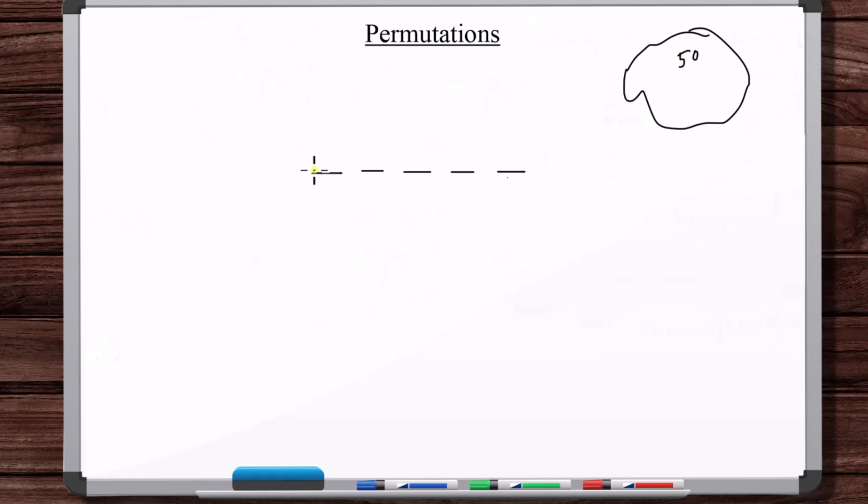I pick a player, they go here, so Tim. Now for the next slot, it's technically not the same group as the first slot, because now it's this new group of 49 that doesn't include Tim. But in essence, it's the same group, because this group is a function of the previous group. So that's a permutations problem, a combinations problem.